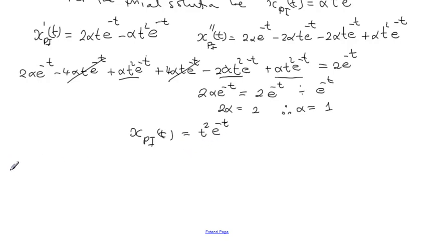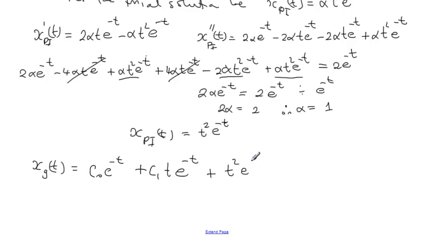Now, our general solution is going to be x g function of t, which is equal to the complementary solution, which was c0 e to the power minus t plus c1 t e to the power minus t plus t squared e to the power minus t. At this stage, let's highlight something here.